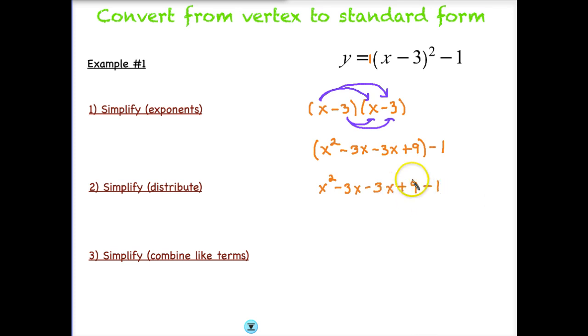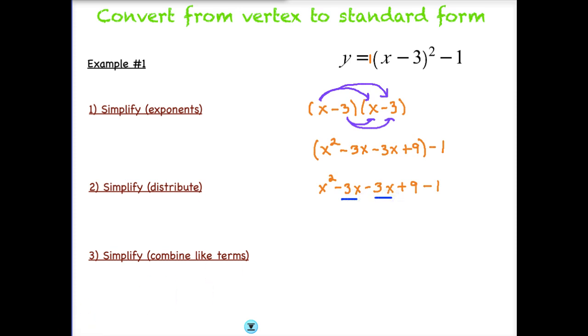So now my parentheses are in fact gone. So my final step is just going to be to simplify by combining like terms. Well, if I look at my like terms, this is where you have to be careful. I have an x squared term, but I don't have any other x squared terms. So that doesn't need to be combined with anything. But I do have a minus 3x here and a minus 3x here, and those are like terms.